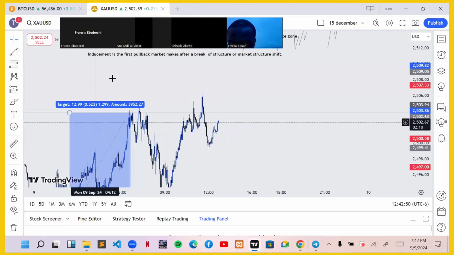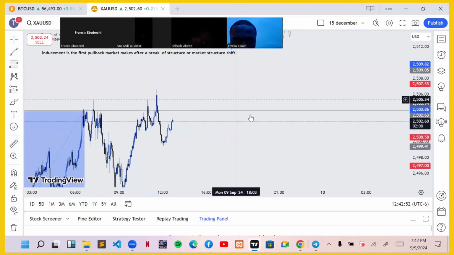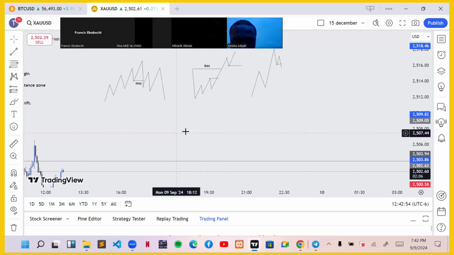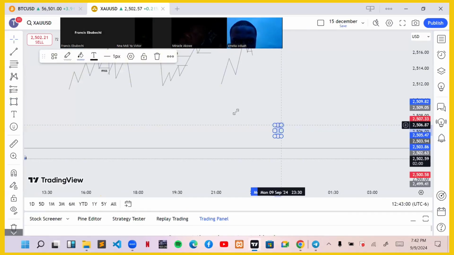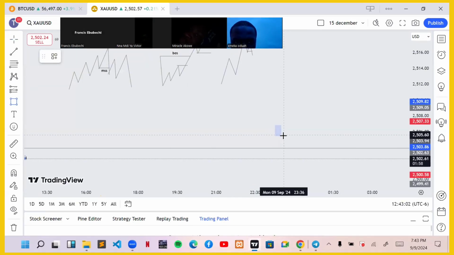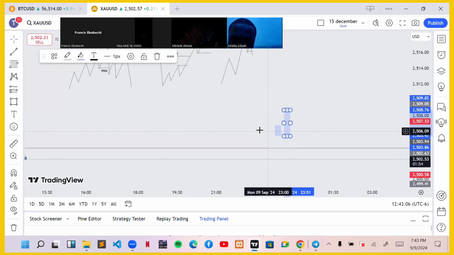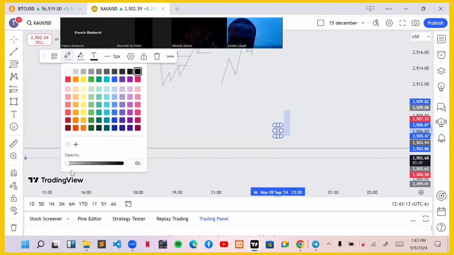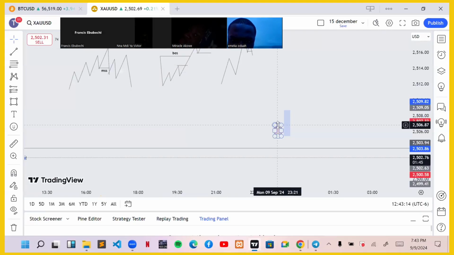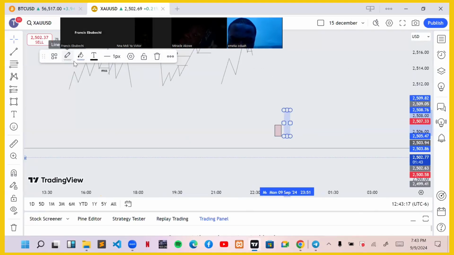So there are two types of order blocks. We have the bullish order block and then we have the bearish order block. So this is what a bullish order block looks like. You will see a bearish candle, then you will see a bullish one engulf that bearish candle like this. This is what a bullish order block looks like, in case you're looking for buys.